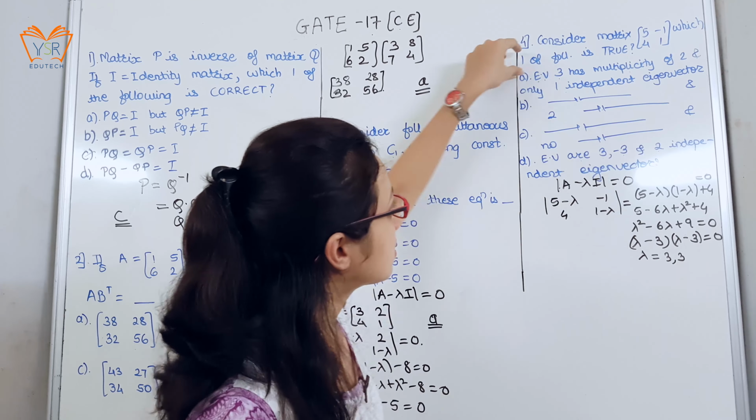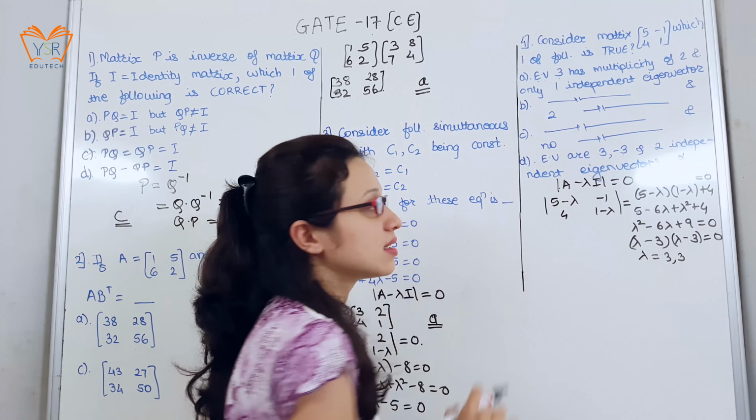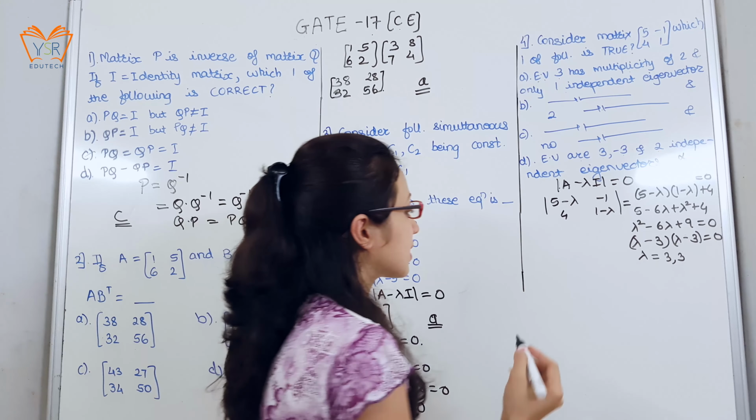All three options A, B and C have multiplicity of 2. So we can conclude that the last option is incorrect. The valid options are A, B and C. Let us see which one is correct.